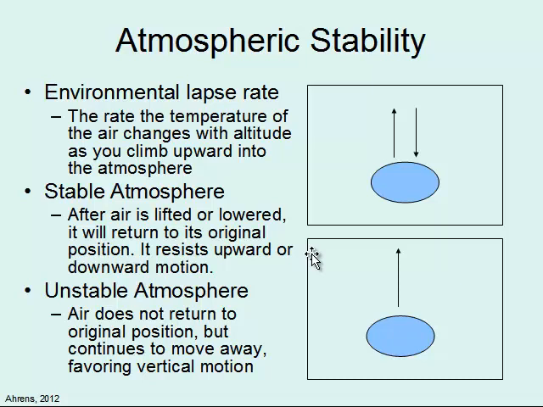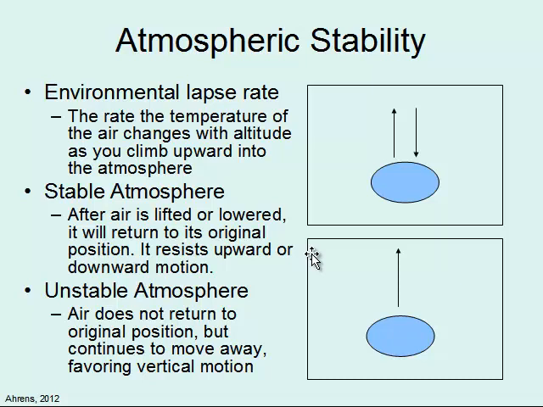The other thing that's going to happen is the rate of that temperature change changes as you climb upward into the atmosphere. So depending on what the conditions inside that air parcel are like, maybe there's more water vapor, maybe it starts out at a higher temperature, as it rises it's going to decrease in temperature at a certain rate, depending on what it starts at.